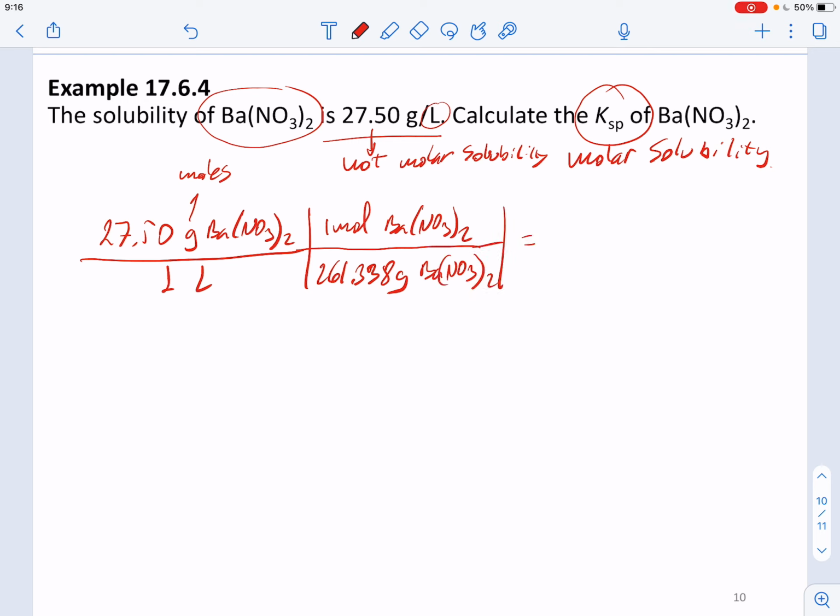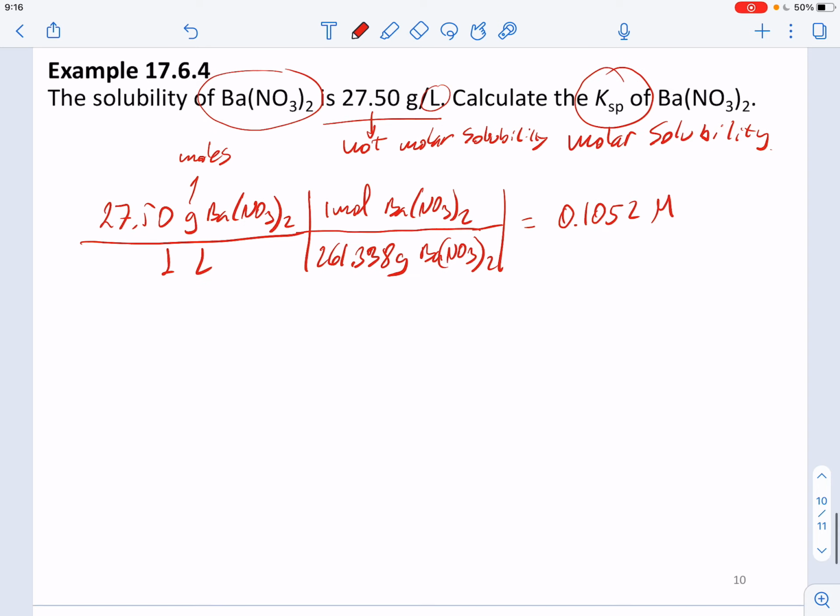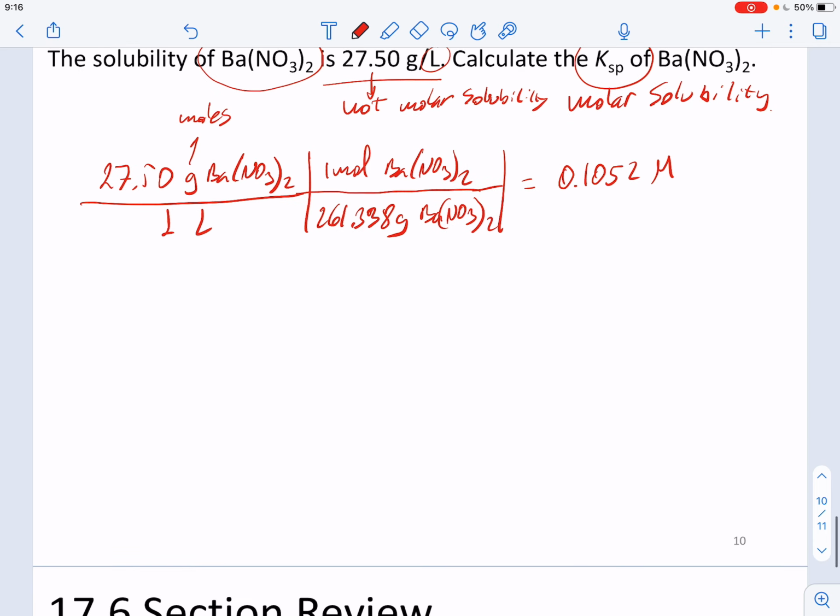When we do that, we obtain that from 27.50 grams per liter of barium nitrate, we end up with a 0.1052 molar solution. That is now the solubility, or the concentration, that you're going to use to calculate Ksp. So barium nitrate, you always start with a solid.